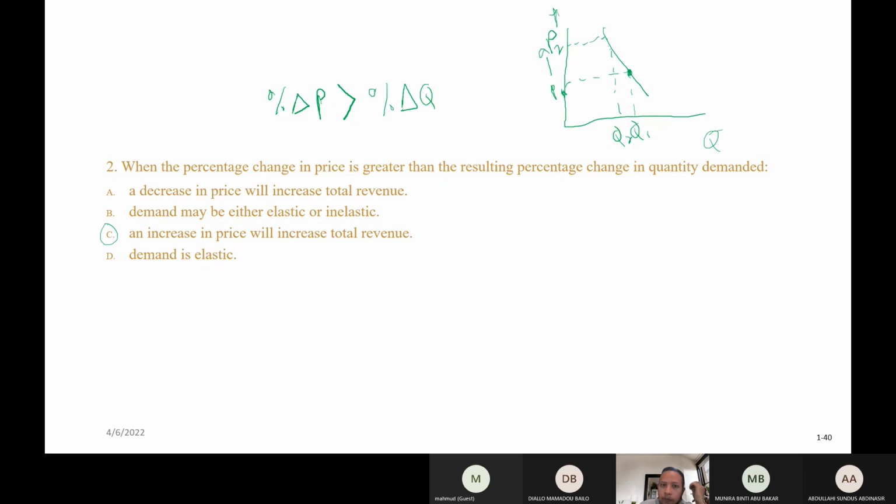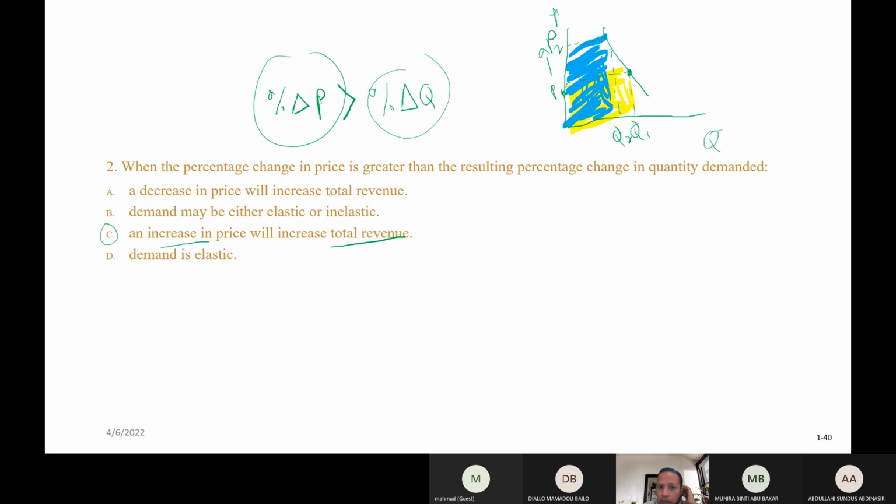P1 here. But if you look at the total revenue, which is basically calculating the size of the squares here, and you compare between the two, the blue and the yellow, you can find that this increase in price will actually increase the total revenue, because the change in price doesn't change much in terms of the quantity demanded.